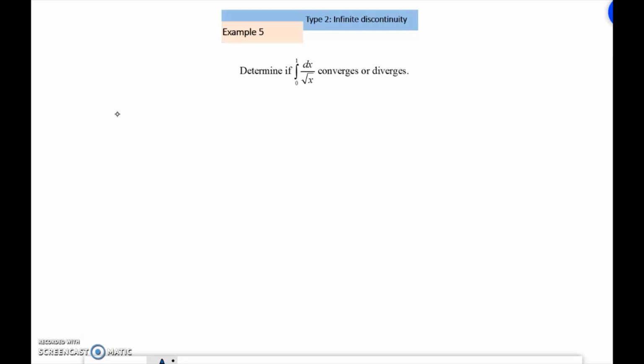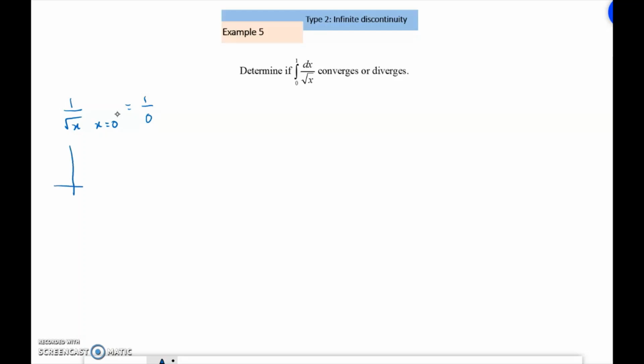Okay, so for this example, first what we need to do is identify where the function has an infinite discontinuity. So we notice that 1 over square root of x, when x equals to 0, we will get 1 over 0.